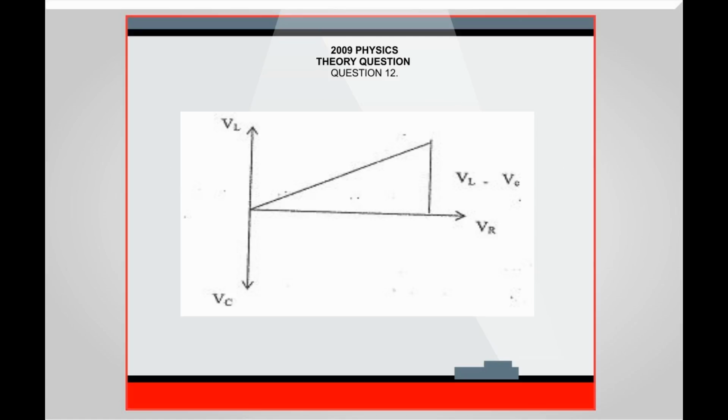Solutions. Vector diagram showing VL with arrow, VC with arrow, VR with arrow.